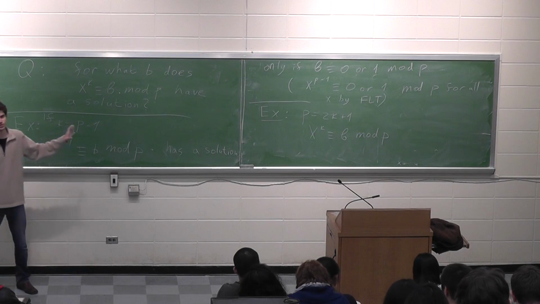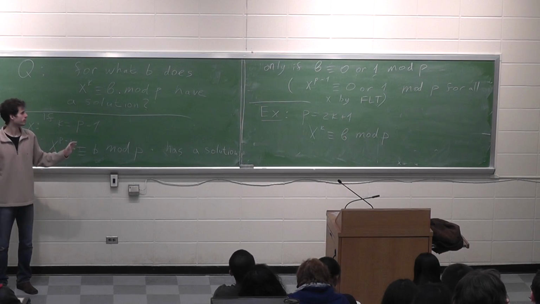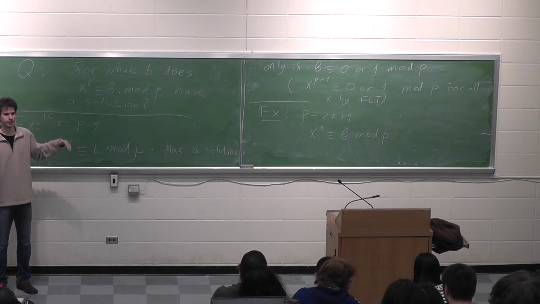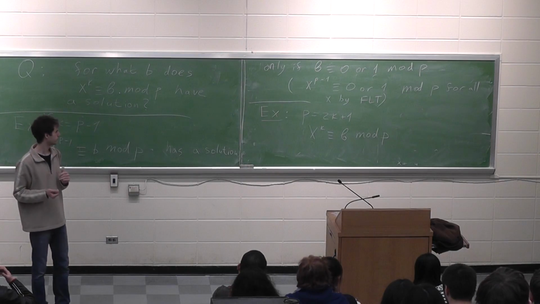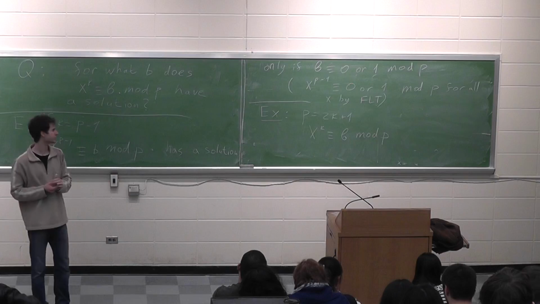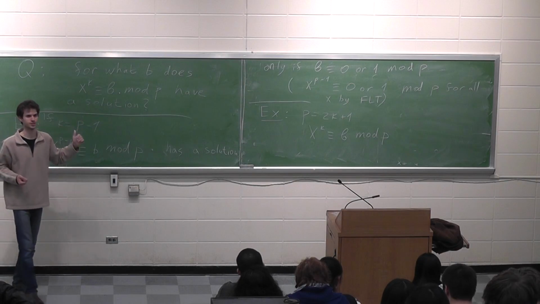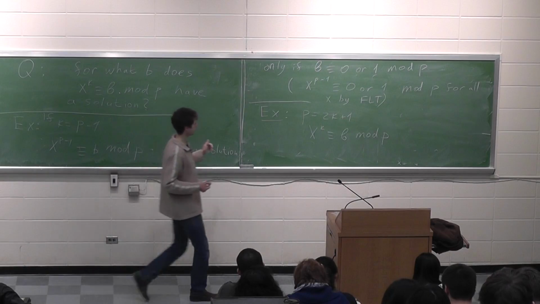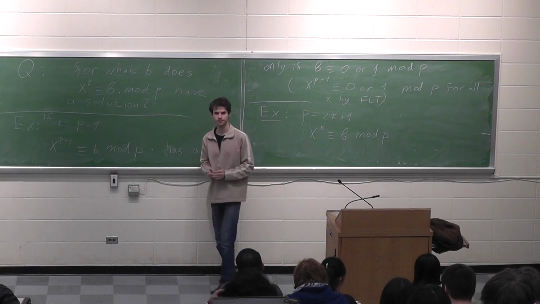Well, definitely b equal to 0 works, but that's a trivial case. It always works for any example of this kind. B equal to 1 also works, once again in the trivial sense. Are there some other things which will work here?